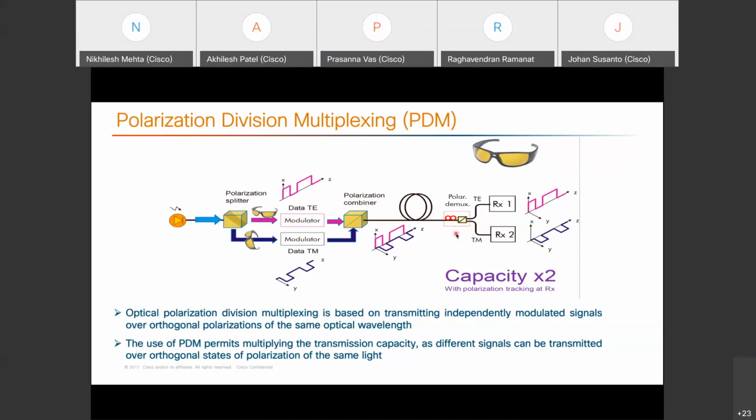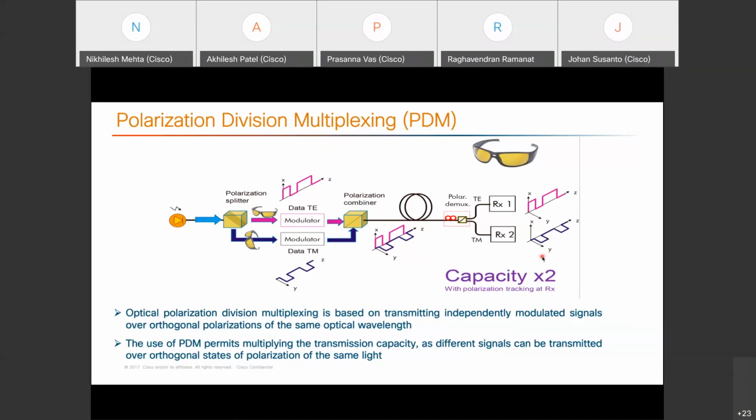At the receiver you are demultiplexing it, receiving the X polarization at Rx1 and the Y polarization at Rx2. So instead of sending light with a single polarization, I am sending on two different polarizations, so the capacity will be doubled in this case.